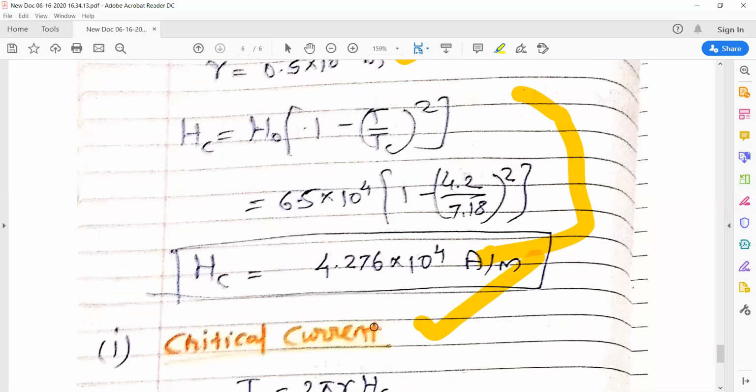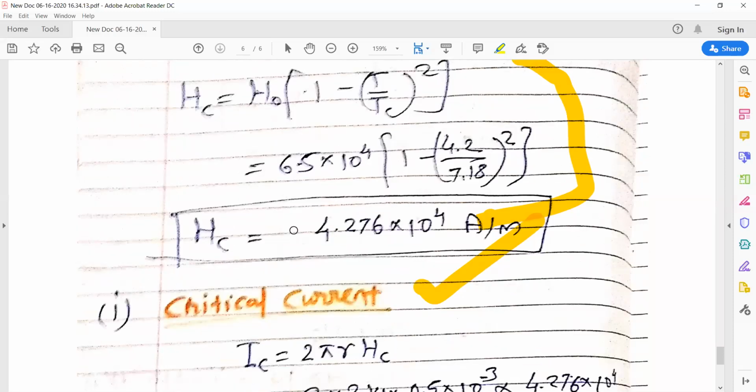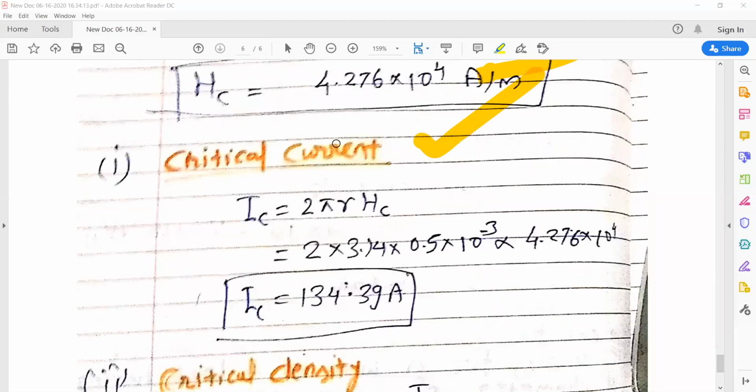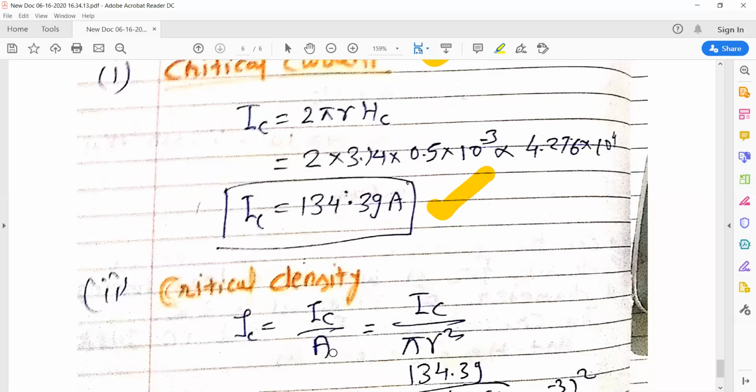Then IC is equal to 2 pi r HC. HC is this, and the radius is also given. So we get IC equal to 134.39 ampere. But they are asking about the critical current density, so JC equals IC upon A, where A is the area of this wire, so IC upon pi r square.